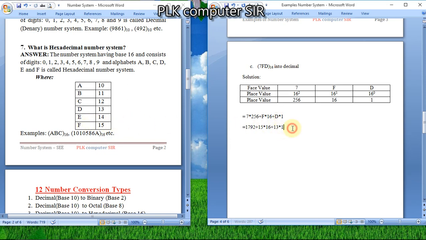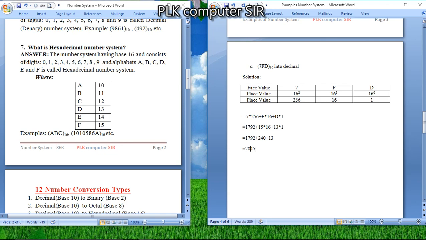So 1792 plus 15 into 16 is 240, plus 13. Now 1792 plus 240 plus 13 is 2045.